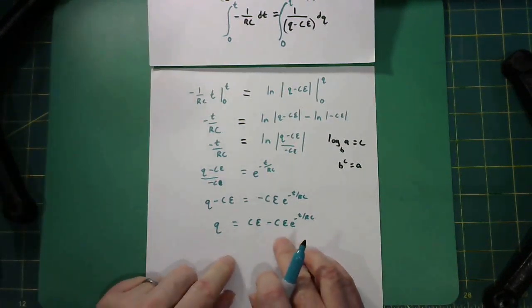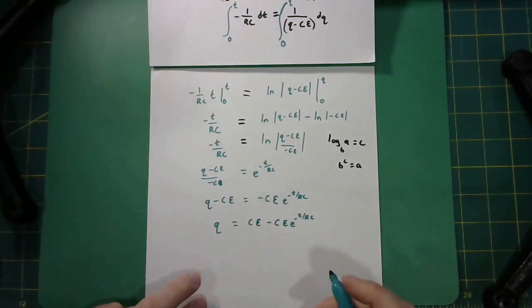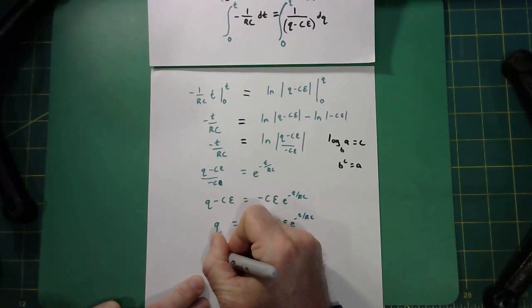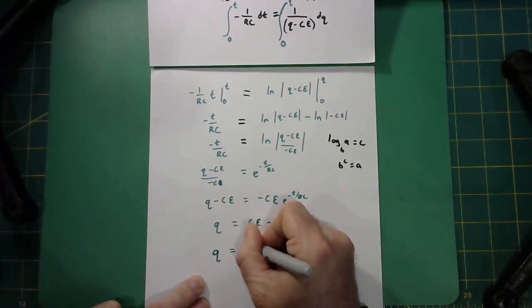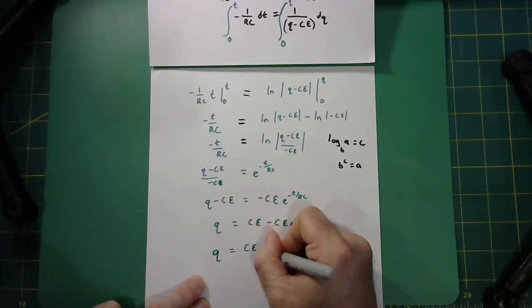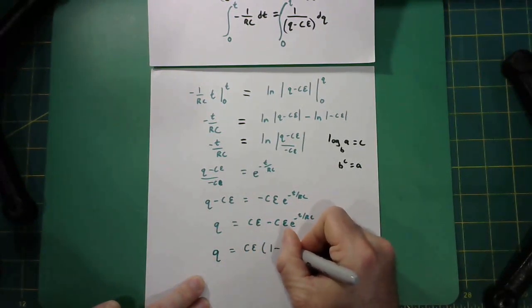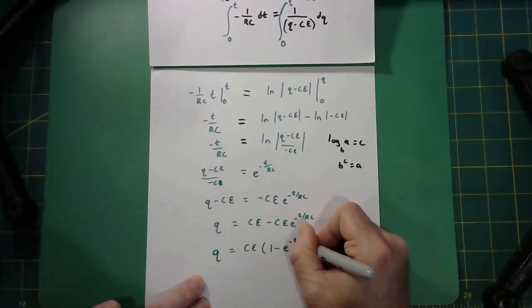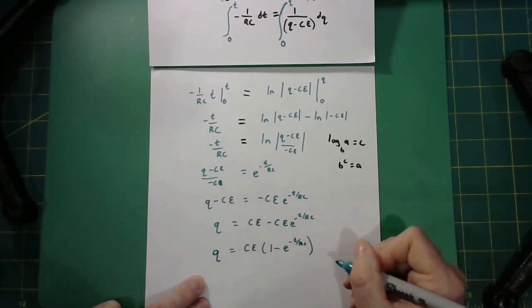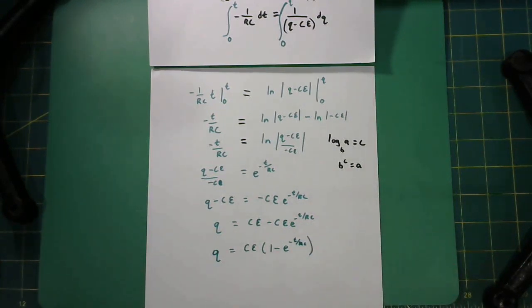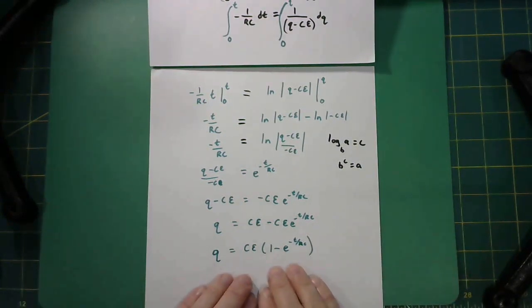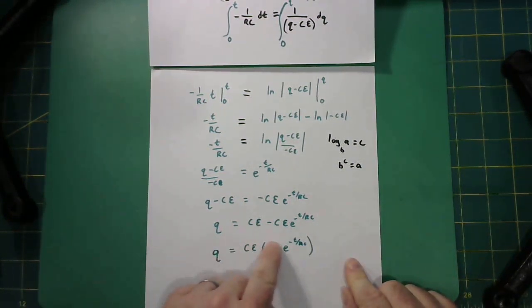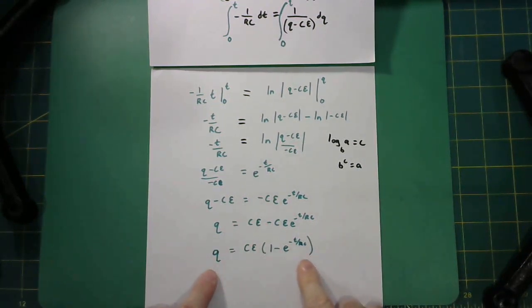And so now what I want to do is I can go ahead and factor out that C EMF just to make this look pretty, and because there's something really important I want to share with you about that. 1 minus e to the negative t over RC, right? So I'm just cleaning this up here, but there's a really important reason why I'm doing this. There's something really, really significant about the way this equation is laid out.